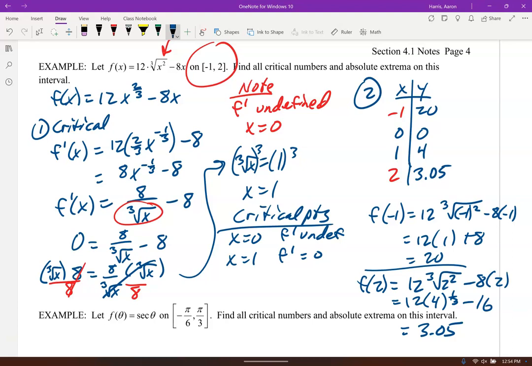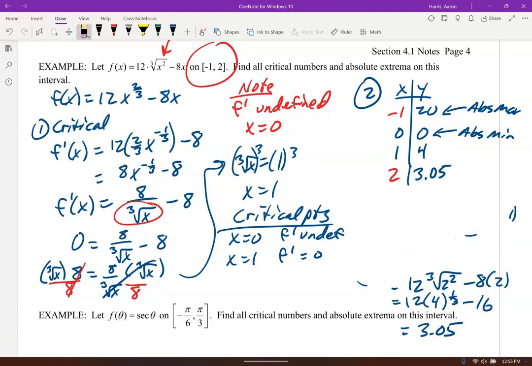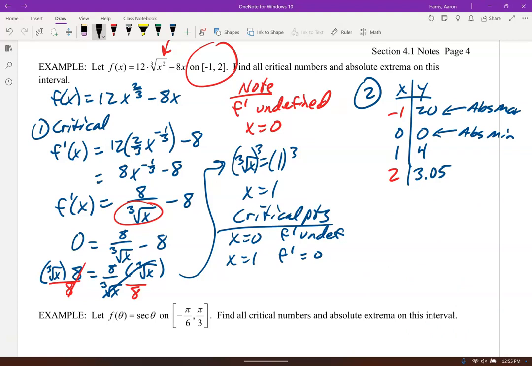Notice it's asking for the absolute extrema. So the absolute highest point would be right there, the absolute max. And our lowest would be at 0, there's our absolute min. So let's go ahead and state this. We have an absolute max of 20.